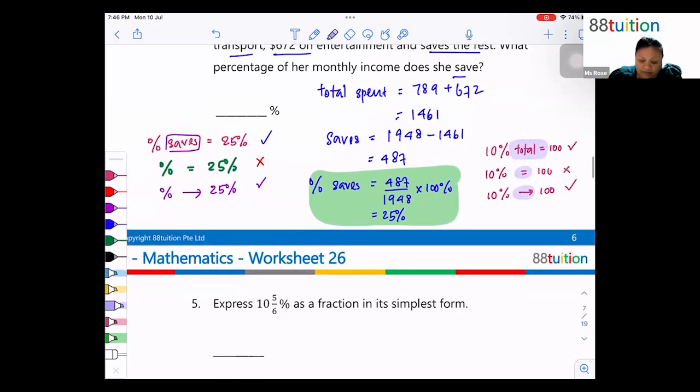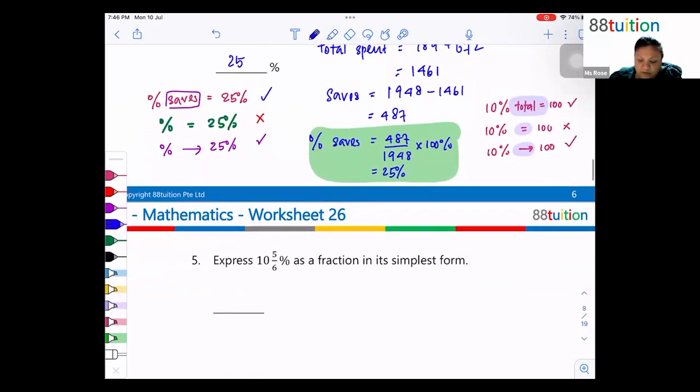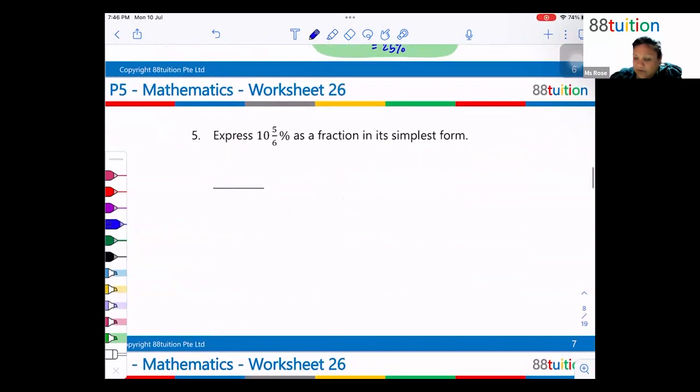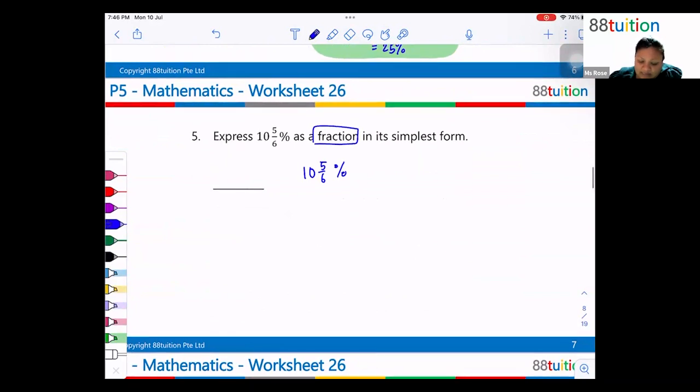All right, so this is 25%. Now, question 5. So we have 10 5/6%. I want to convert to fraction. Okay, now, if I were to say it out, it is 10 5/6%.